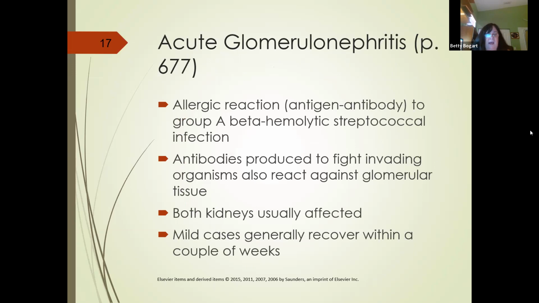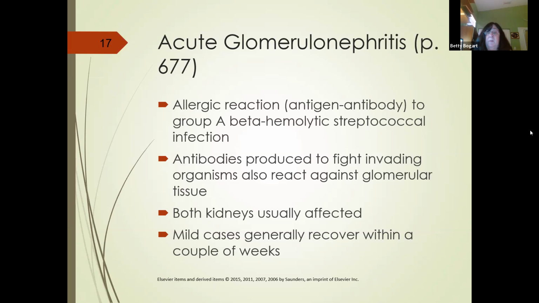Now, in the cardiac area, we're talking about strep throats, and it causes rheumatic fever. But if we treat the strep throat, everything will return to normal except if there is heart valve damage. Well, when we're talking glomerulonephritis, again, it's caused by a strep throat that wasn't treated completely or not at all.